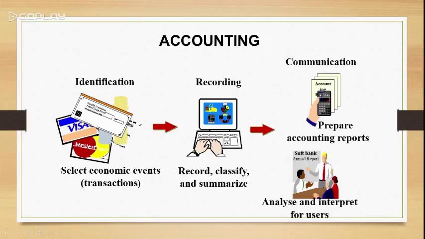Next, we are supposed to communicate these accounting reports to our users. By users, we mean those people who have direct or indirect interest in our business. For example, people who invest money in our business, people who supply any sort of goods to our business, or the employees of our company.